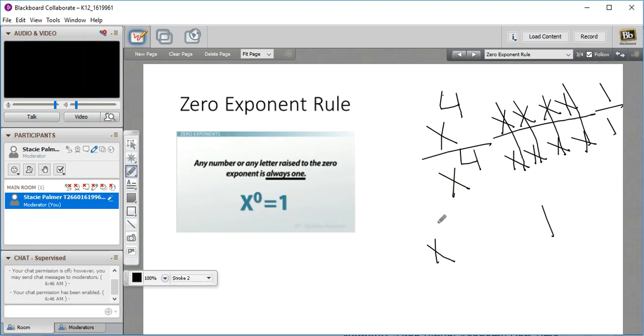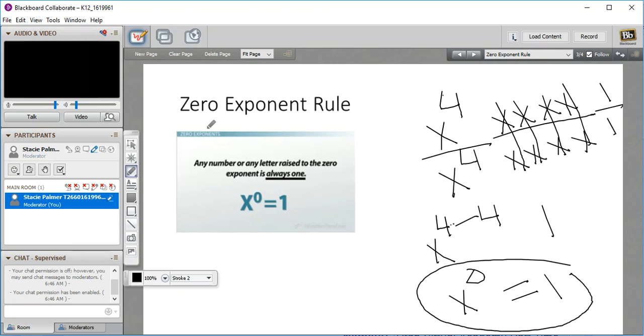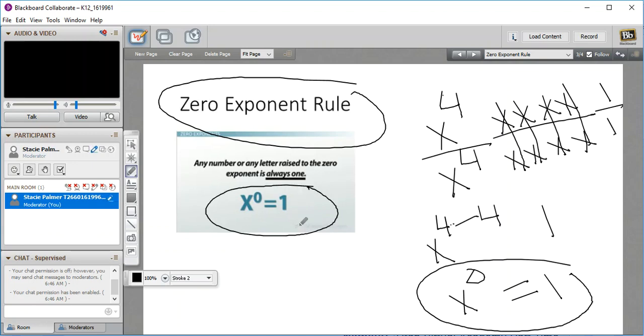So x to the 4th divided by x to the 4th is x to the 4 minus 4, which is x to the 0. Notice that x to the 0 is 1. So that's why that rule works. Anytime you're raising something to the 0 power, your answer is always 1.